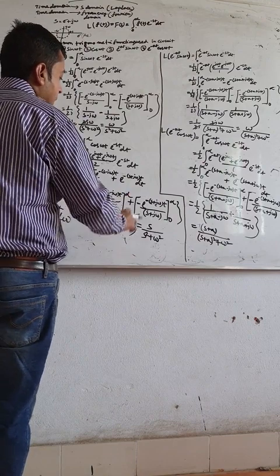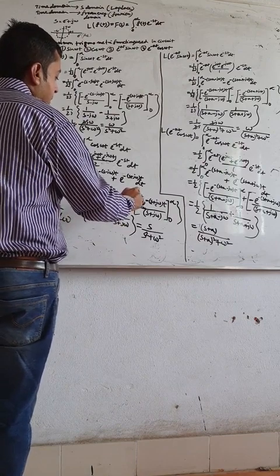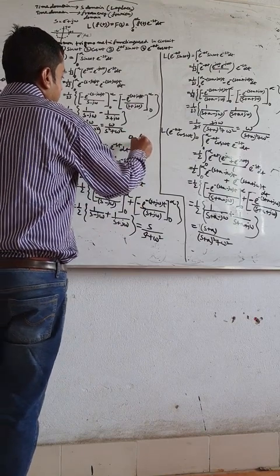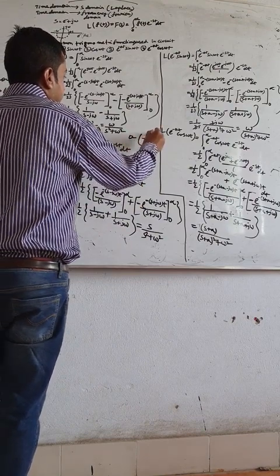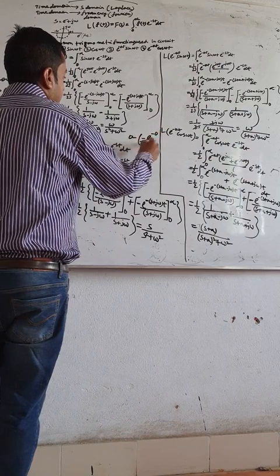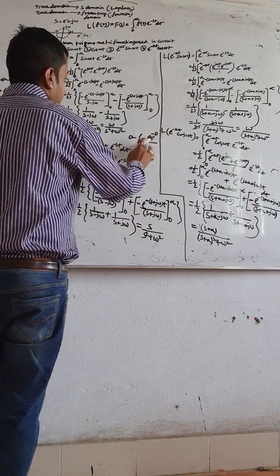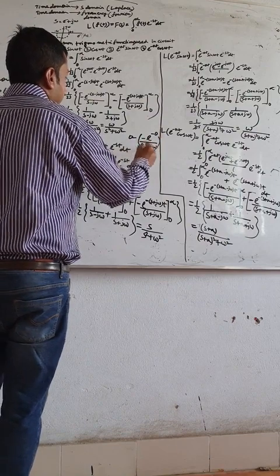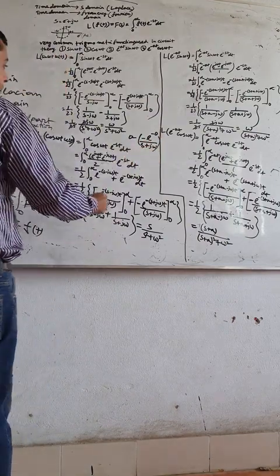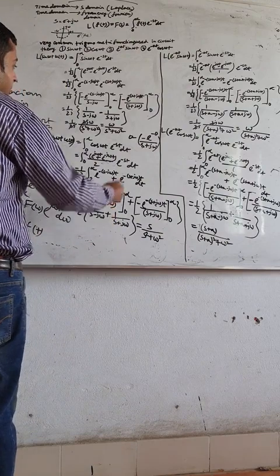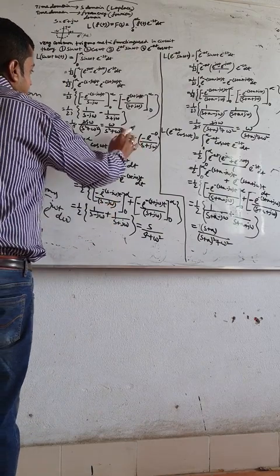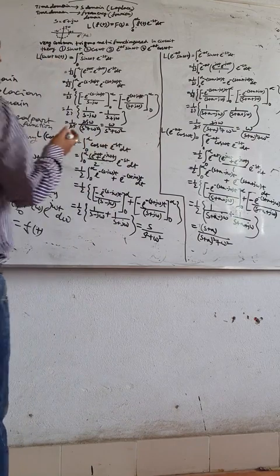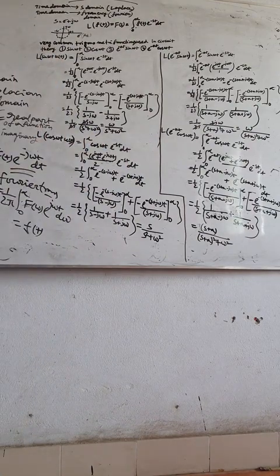Here also 0 minus, within bracket, minus e to the power 0 divided by s plus j omega. So it will be 1 by s plus j omega, because minus is plus.